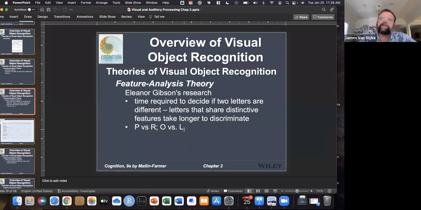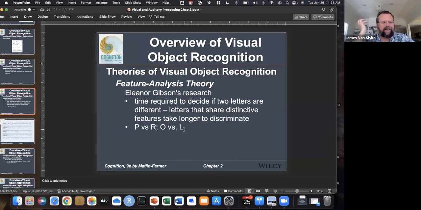And even if the distinctive features account isn't exactly right, it is the case, and we'll see this more and more, that the closer things are, the harder they are to distinguish, whereas the more distinct things are, the easier it is to tell that they are not the same thing. That'll be something that we'll see often.